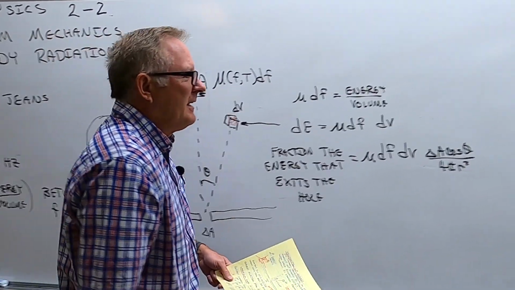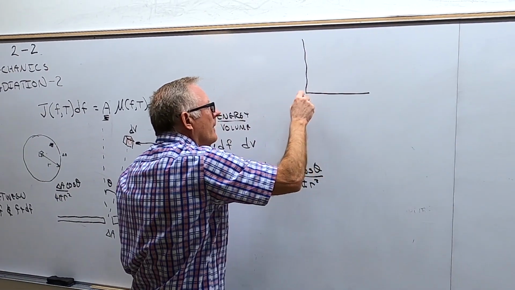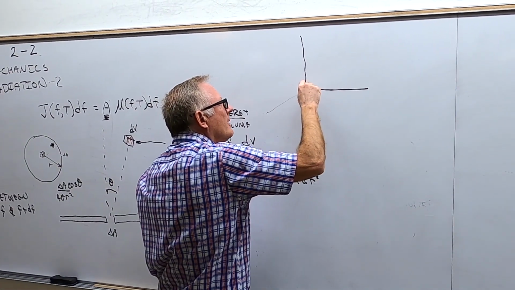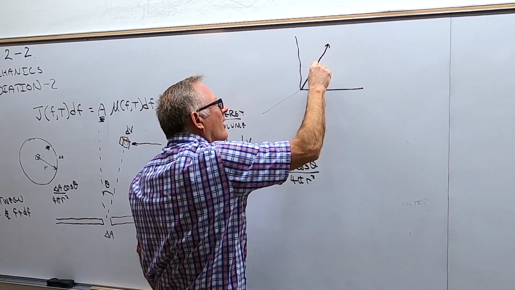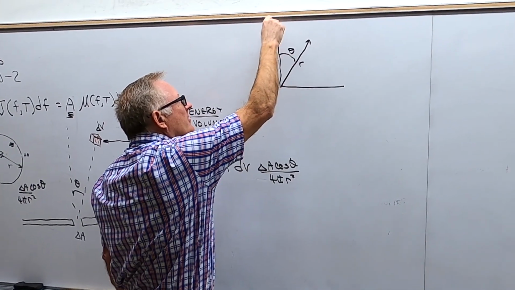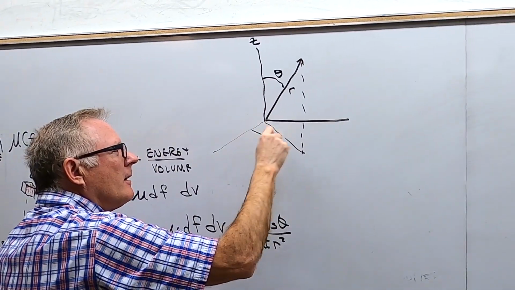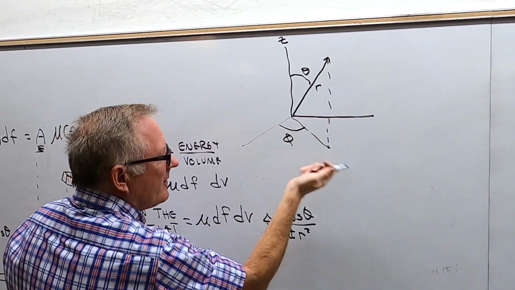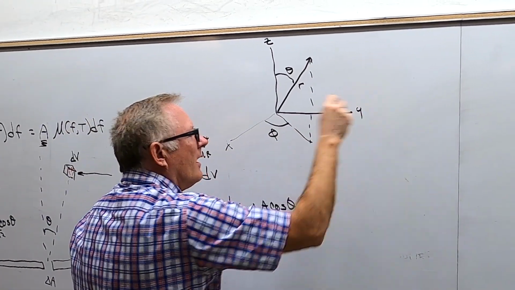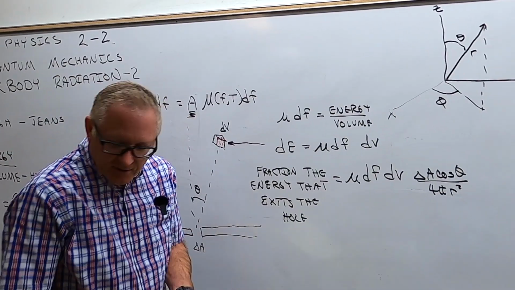Now just to remind you of polar coordinates, right here, what do you have? You have r, you have theta coming down from the z-axis, and then you got phi that goes around. There's the x and there's the y right there. So we have a little volume up here.